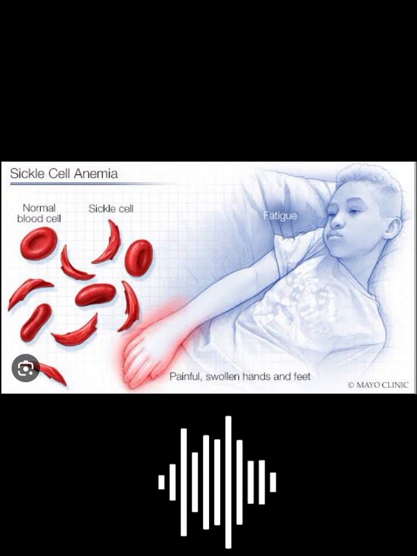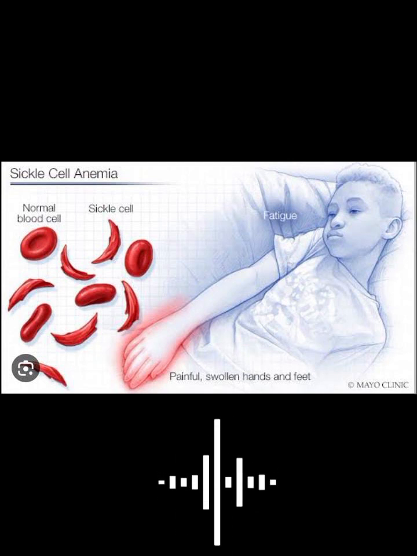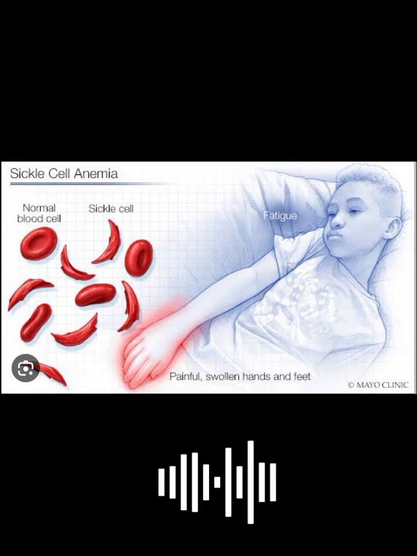So, how does sickle cell anemia affect a person? The following conditions are quite common in people who have sickle cell anemia. One, we have pain. I'm going to explain all these. Pain occurs unpredictably in any body organ or joint.